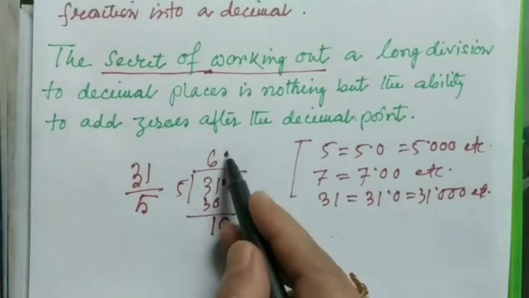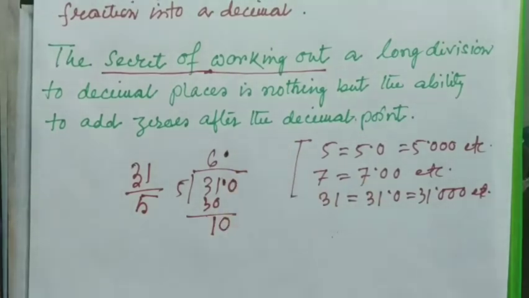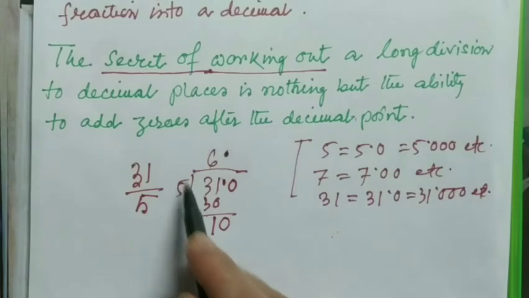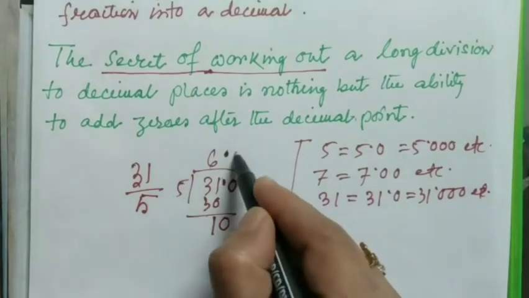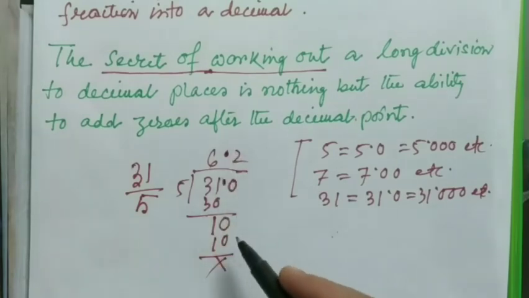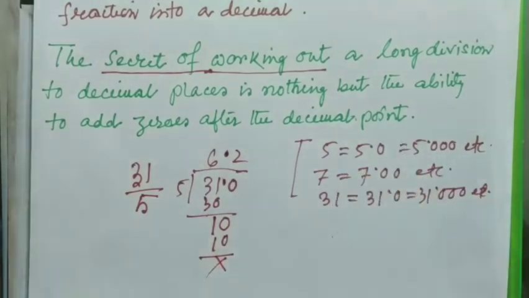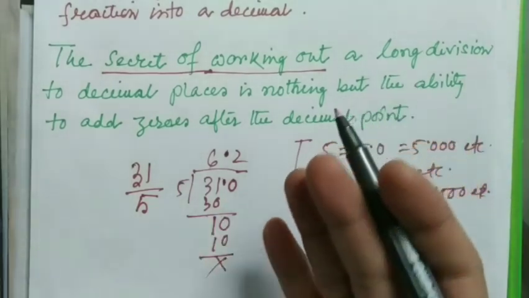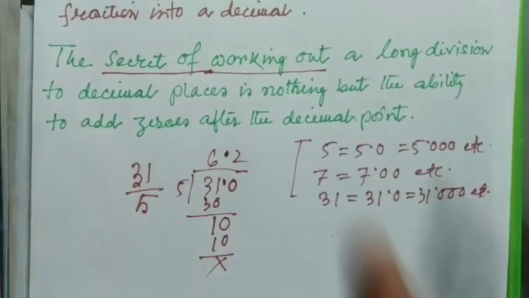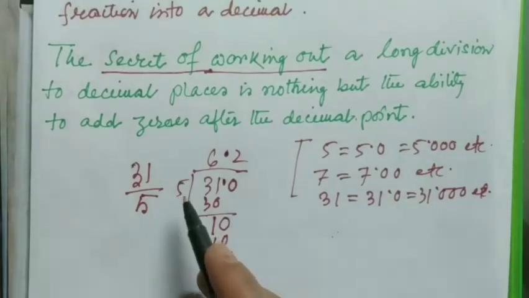After putting the point, we can bring down only one 0 at a time. So this is 10. Now I can divide it. 5 2s are 10. So this is the theory behind adding zeros, as long as it's not completely divisible by the divisor.